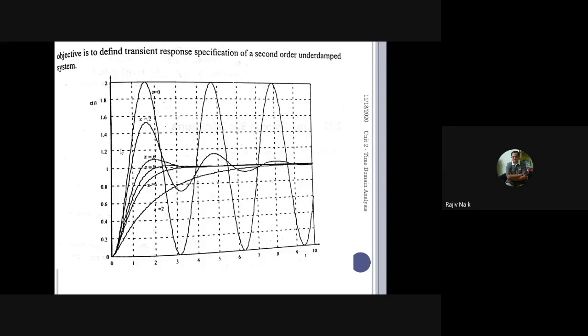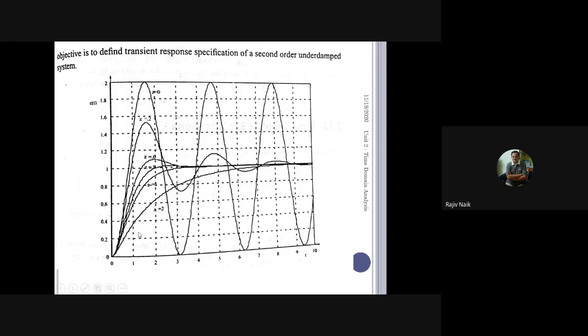Then here all the three cases are put in one graph. Underdamped, there are oscillations. When zeta is 0, it goes on oscillating forever with the same height. Then as zeta goes on increasing, these oscillations die down faster. When zeta becomes equal to 1, it is more or less like a first order system.